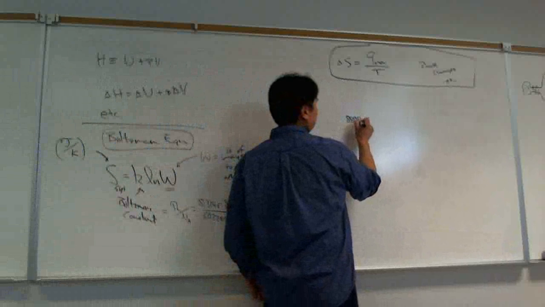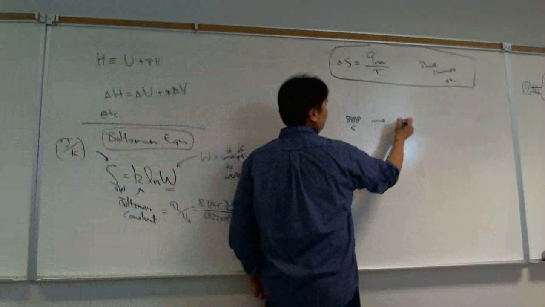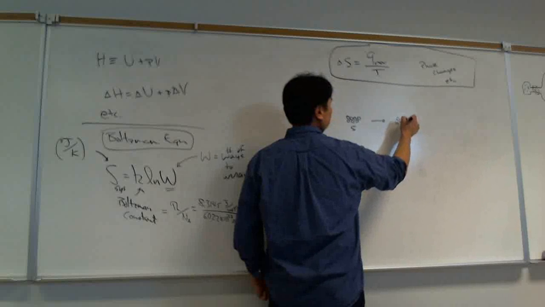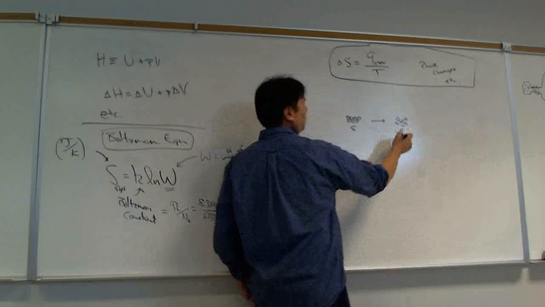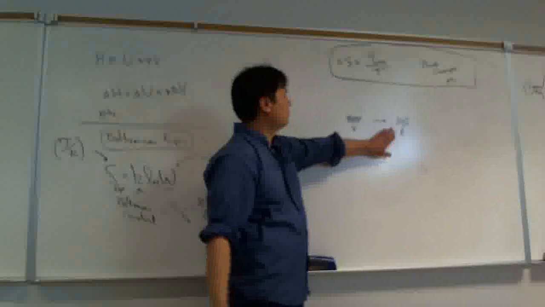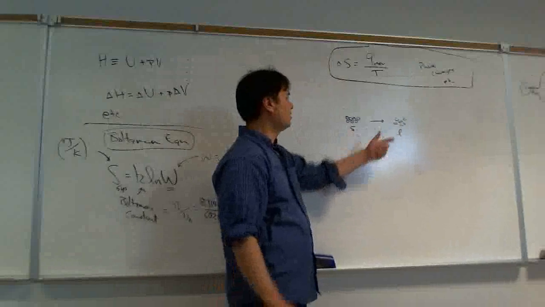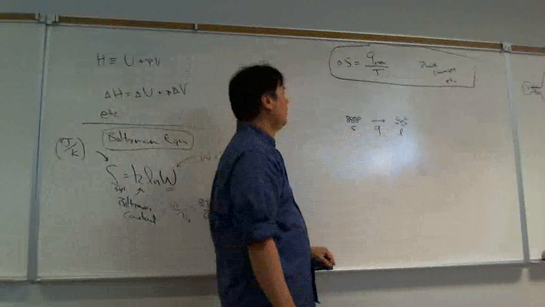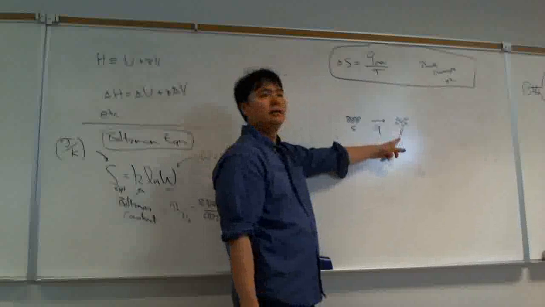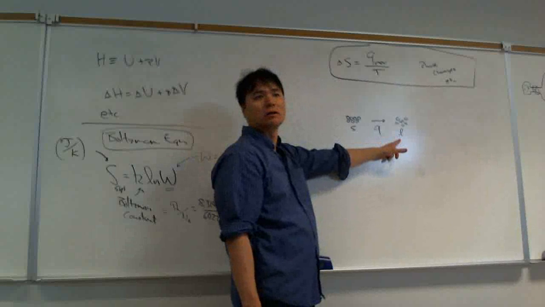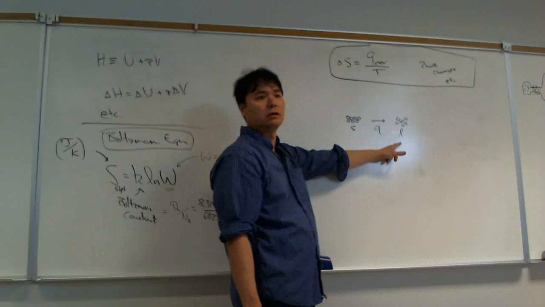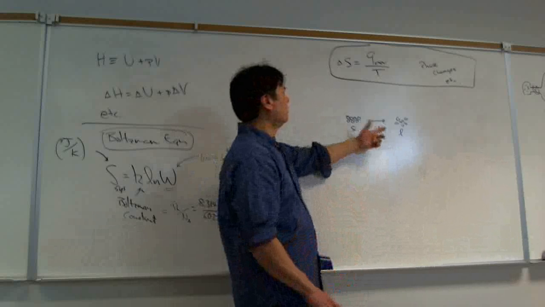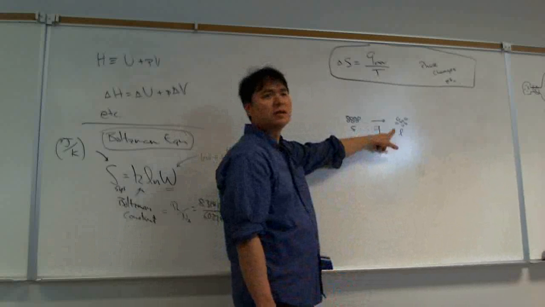If we start off with a solid, and then we convert that solid to a liquid, what's one way we can convert a solid into a liquid? We add heat, right? The more heat we add, perhaps the more disordered the system becomes.